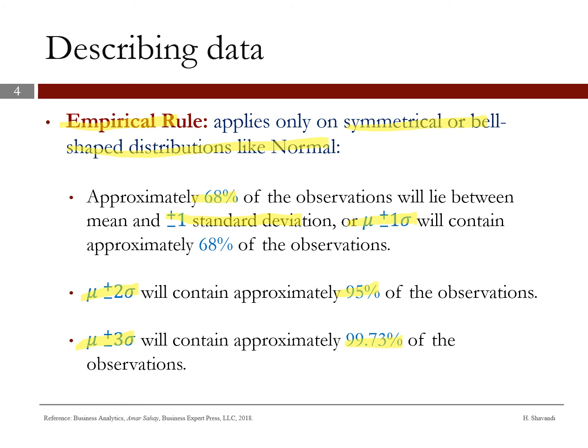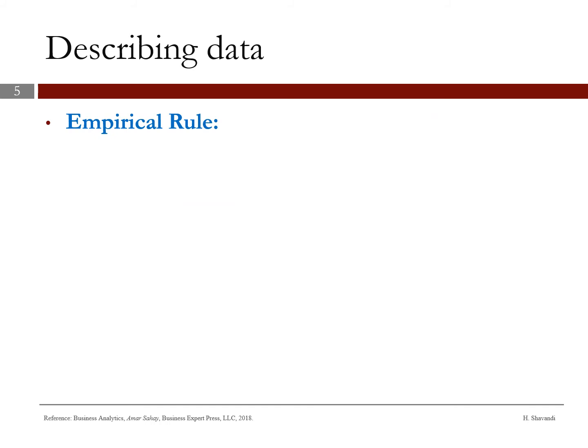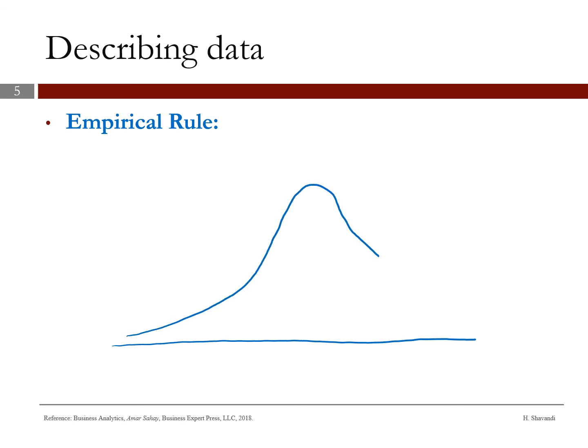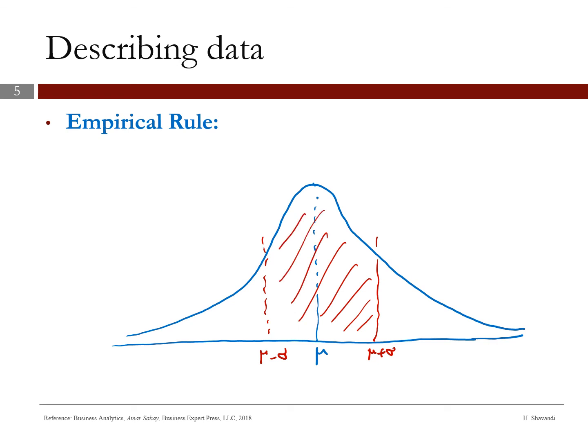Okay, let's show graphically the empirical rule. Let's assume that we have a symmetrical distribution like normal here, and here is the mu. The 1 sigma would be somewhere around here, so mu minus sigma, mu plus sigma. This range will include 68% of the data.